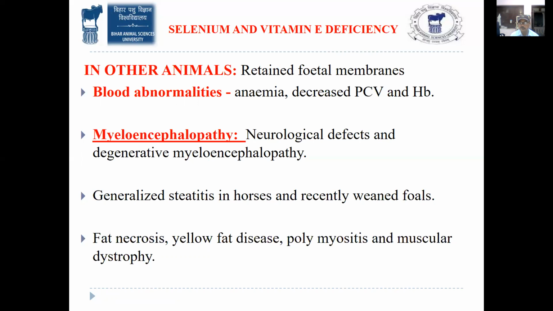Generalized steatitis is associated with vitamin E and selenium deficiency, and horses and recently weaned foals are mostly susceptible to these abnormalities. Fat necrosis, yellow fat disease, polymyositis, and muscular dystrophy also occur in other animals.